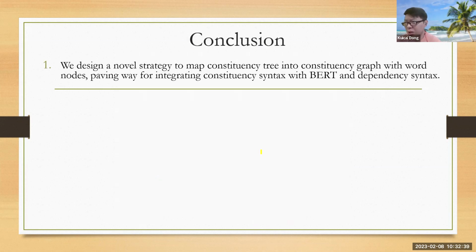So the conclusion is we design a novel strategy to map the constituency tree into a constituency graph with word nodes, paving the way for integrating the syntax with BERT and the dependency syntax.